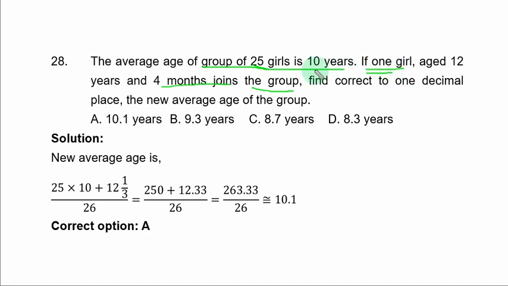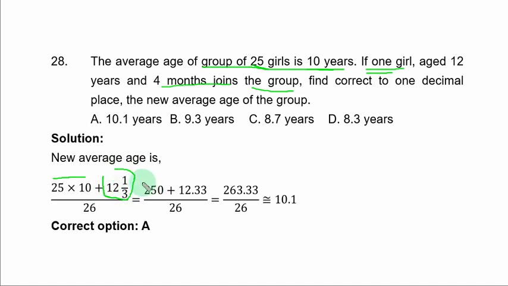Now the total age of the girls that produce an average age of 10 is simply 25 times 10. That number is not given to you. So you have 25 times 10 plus the age of the other girl. You express 12 years, 4 months in years. That is 12 and 1 over 3.